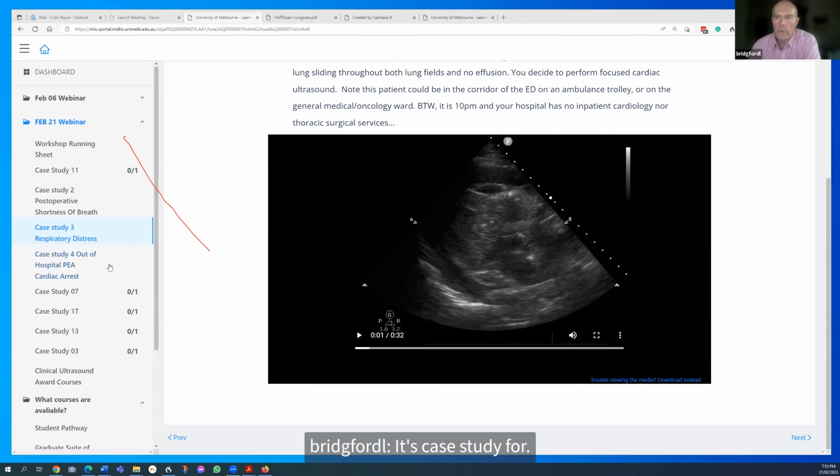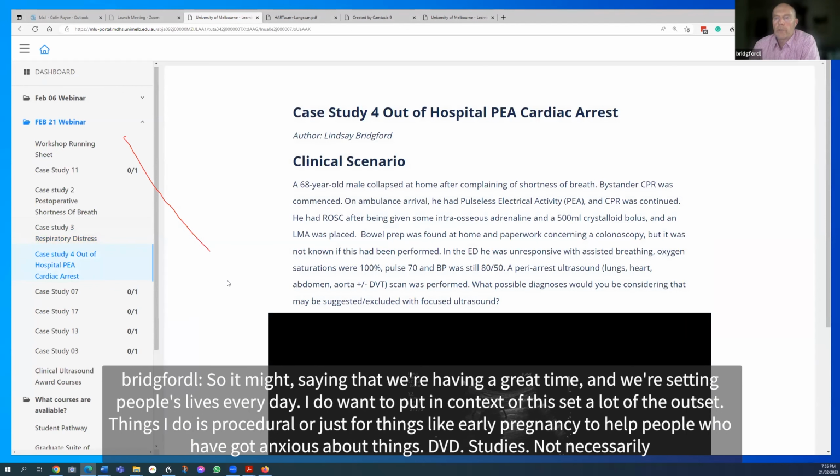It's case study 4. It might seem that we're having a great time and saving people's lives every day. I do want to put in context that a lot of the ultrasound I do is procedural or for things like early pregnancy, helping anxious people, DVT studies, not necessarily life-saving.